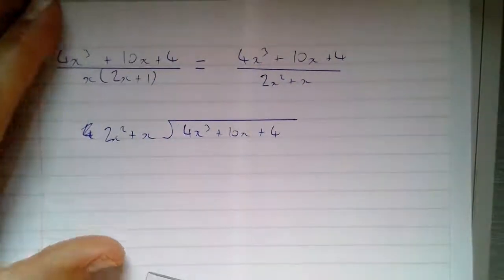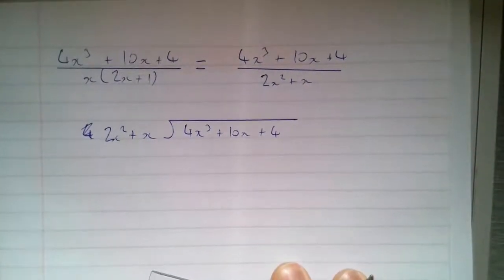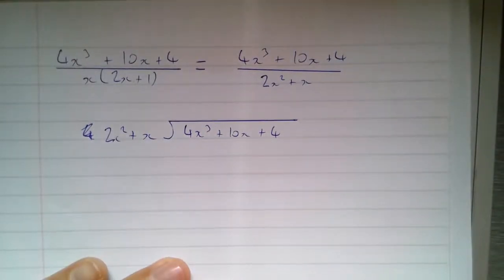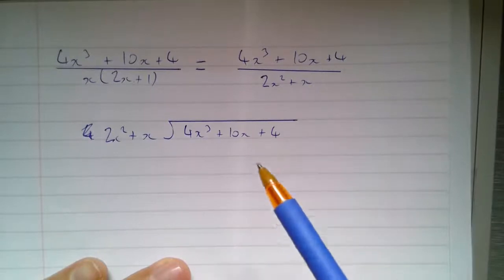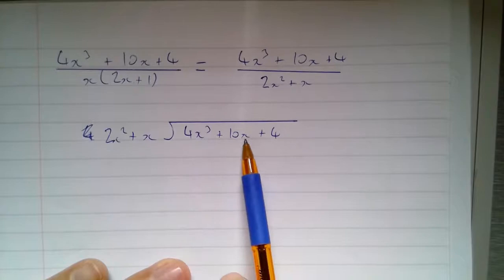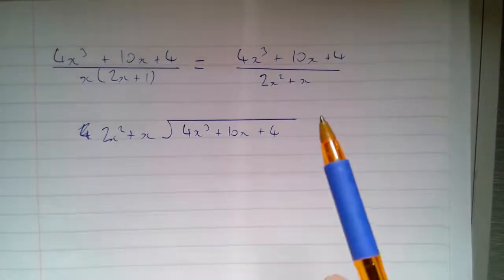Right, before I carry on, I've realised that I've made a slight mess up. This is something for you all to be aware of. At the moment, my dividend has got an x cubed term, it's got an x to the 1 term, but it hasn't got an x squared term.